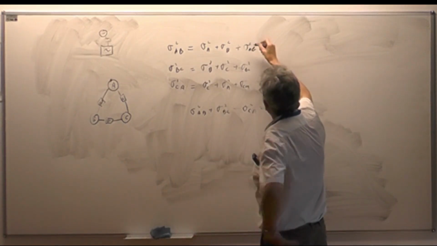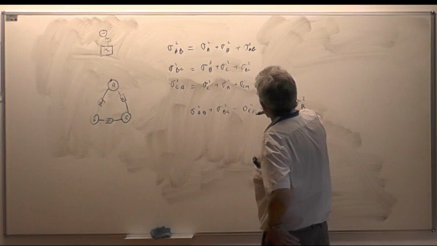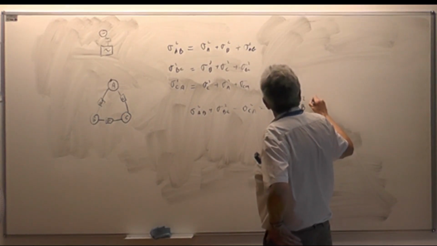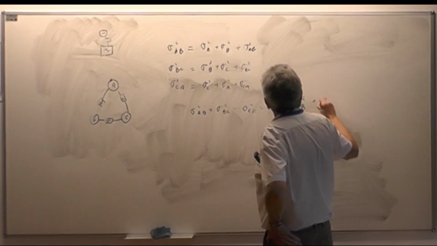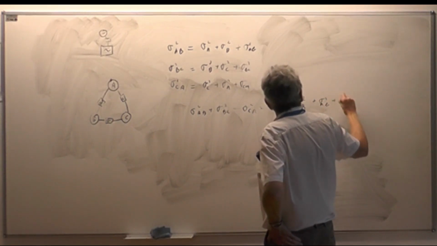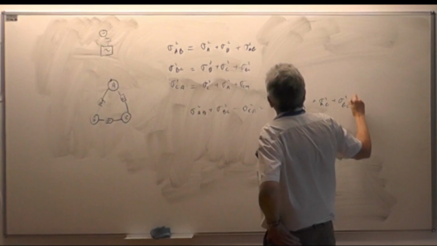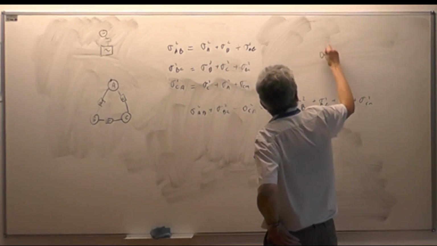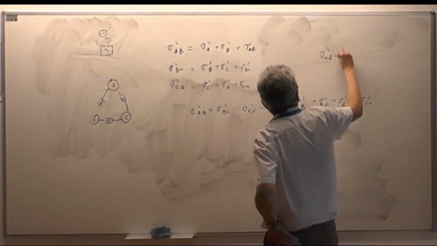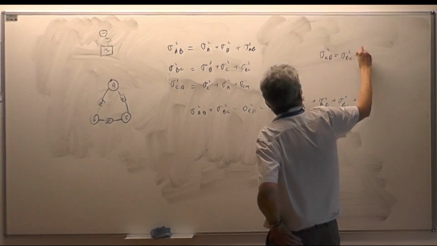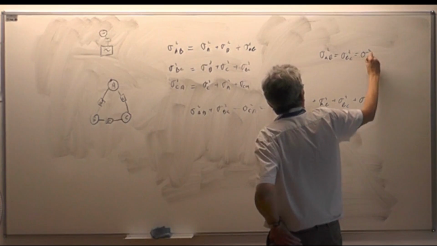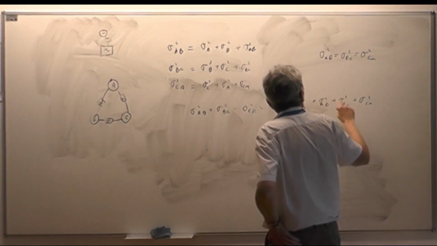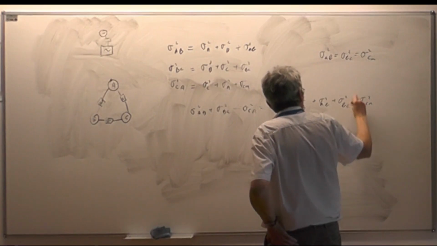We can imagine that this one will be removed, and you have plus sigma square AB plus sigma square BC plus sigma square CA. We can imagine that sigma square AB equals sigma square BC equals sigma square CA because they are the same device. There is a minus sign here.